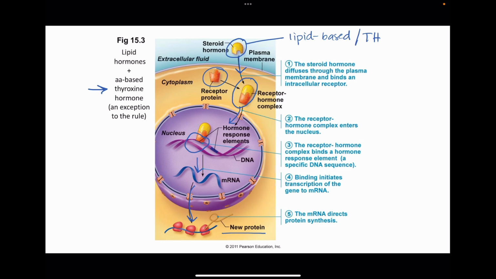So again, steroid hormone diffuses through the plasma membrane and binds to an intracellular receptor. It becomes a complex, which then enters the nucleus. The complex then binds to a very specific DNA sequence, we have transcription, translation, and again, that new protein is going to carry out the response. It could be an enzyme or some other chemical doing the work of that cell.